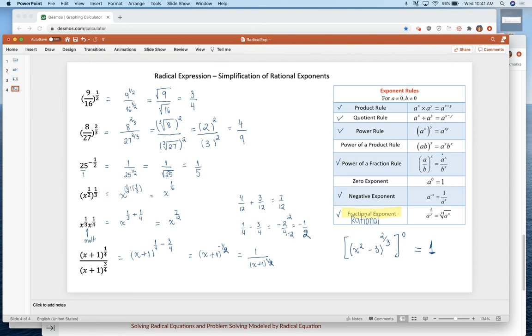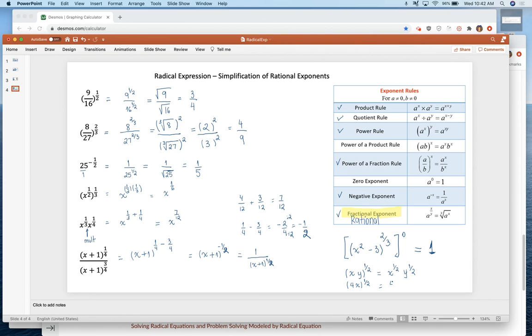And then instead of a division here, if I had a multiplication, for example x y to the power of 1/2, I would write x to 1/2 and y to 1/2, because the algebraic expression doesn't have anything to do. But if this was a number, for example 4x to the half, what can you do?